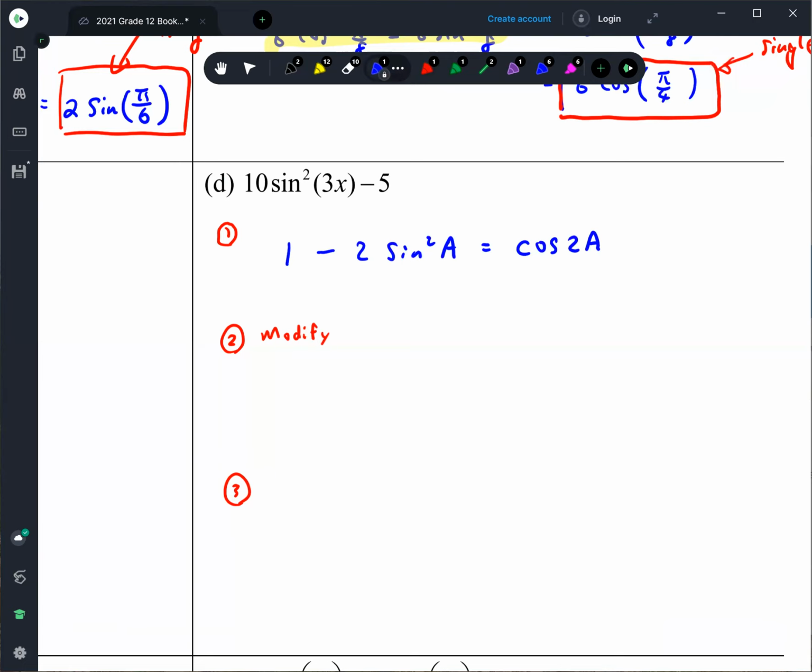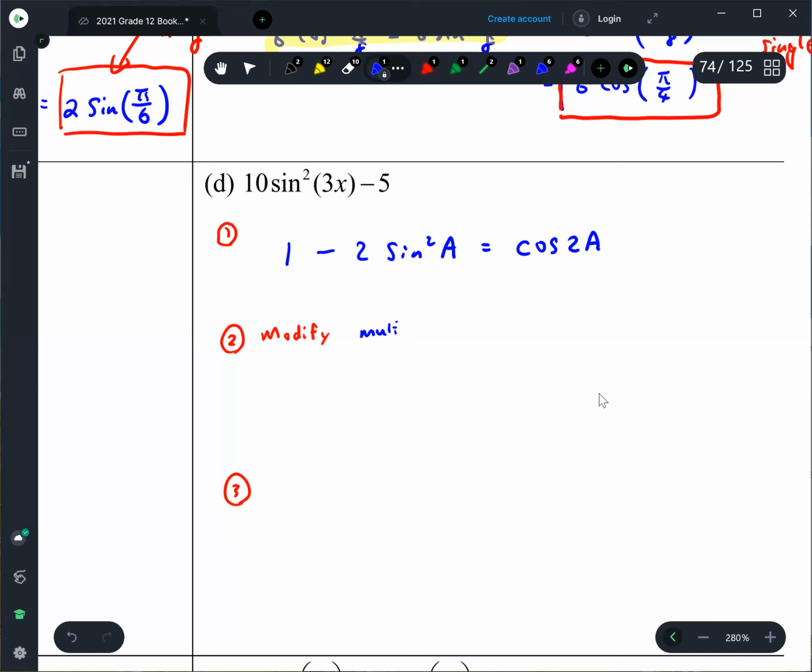Anyone? How can we do something to both sides? I usually want to do something on both sides so it can match, right? Sophie, what do you think? Multiply by -5. Multiply by -5. Okay, let's try that.